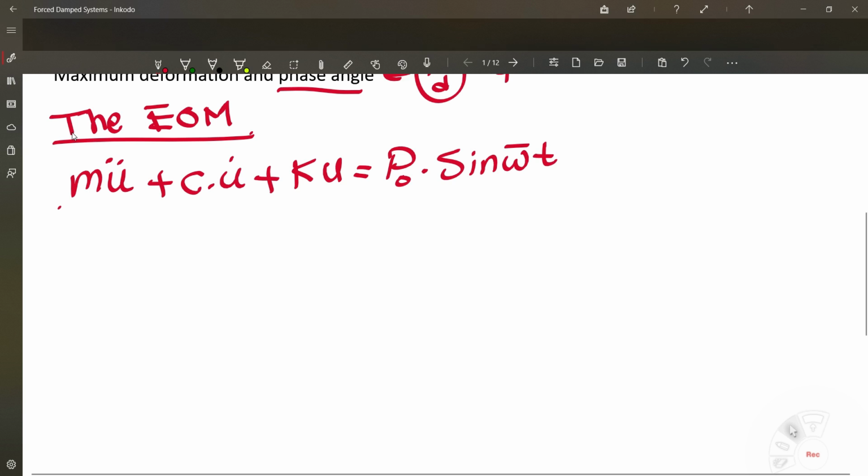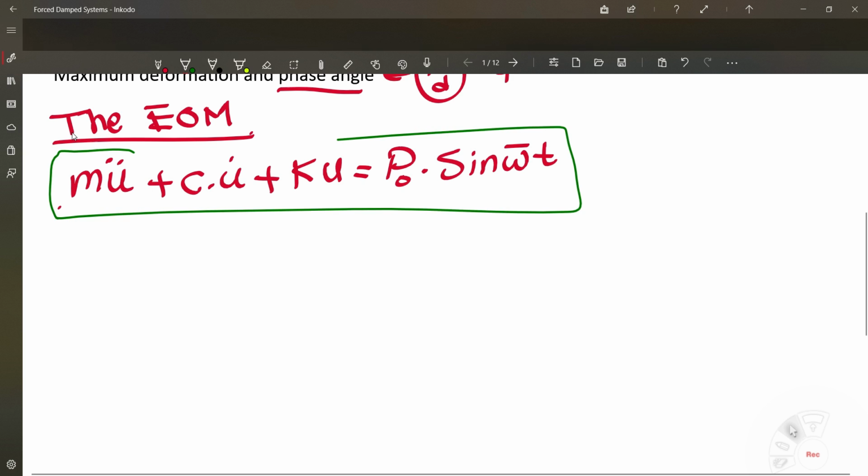So this is how it works for us. Remember well that sometimes I use this notation, which is omega bar. This means that it is the forcing frequency, coming from the force part, the right hand side.